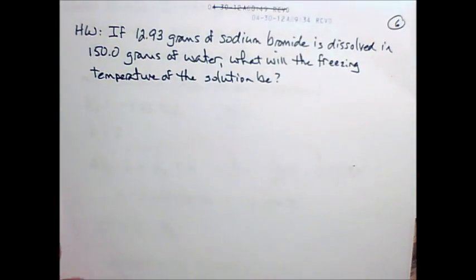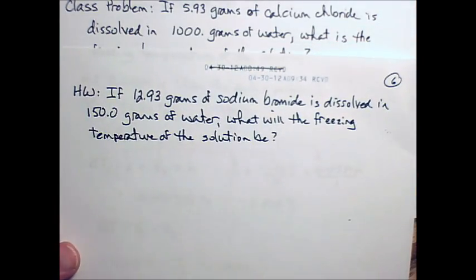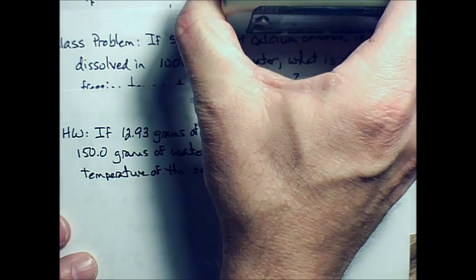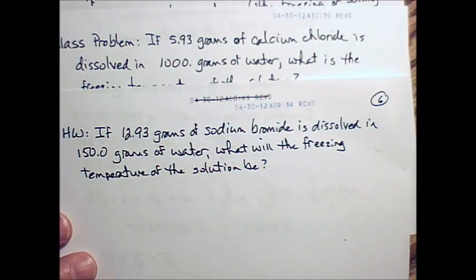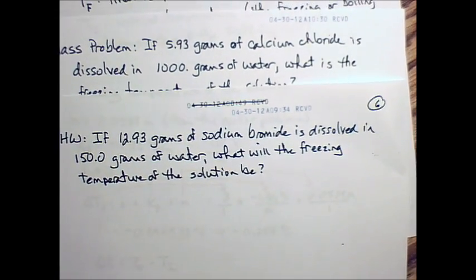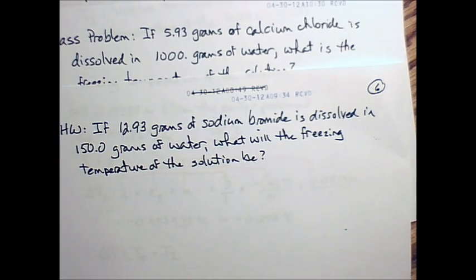Yeah, you'll have to find the molality first. Class, I hope you were listening to the question and answer, because that really is a key thing for you to solve the homework problem. You've got to calculate molality before you can do this other stuff. Okay?